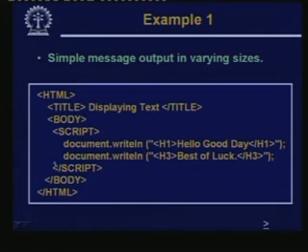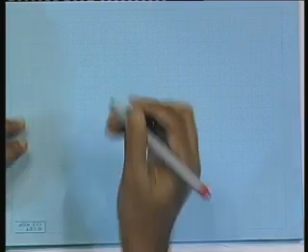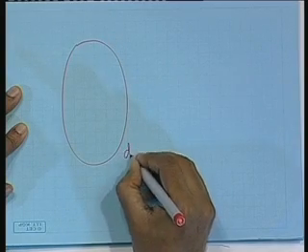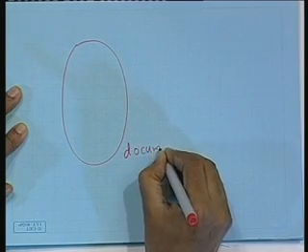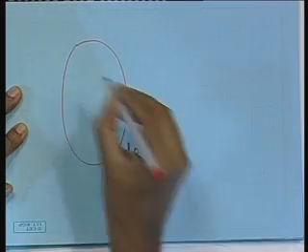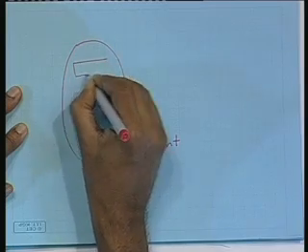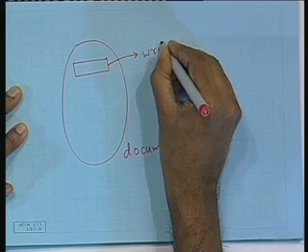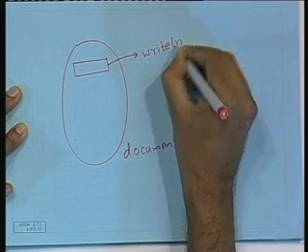Of interest is the portion within the script. Within the script, we have used the document.writeLn method. Here let me tell you that we are basically trying to manipulate the document object, and within the document object there is a particular method called writeLn.